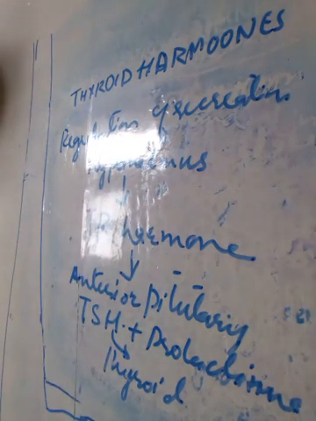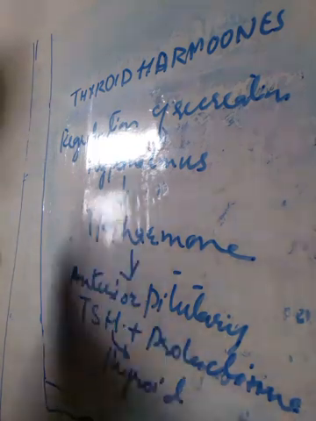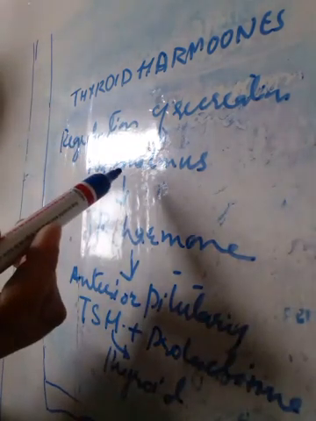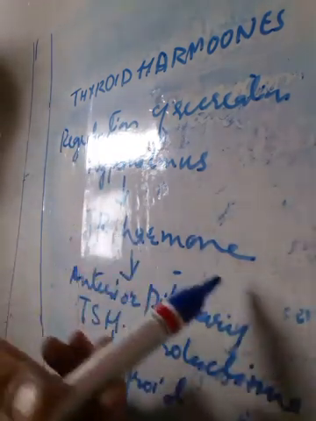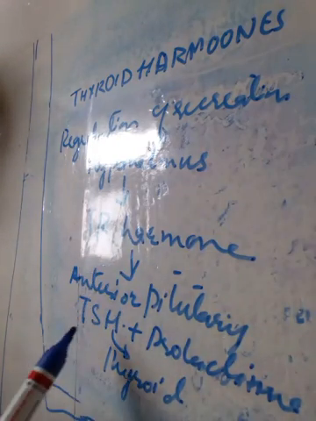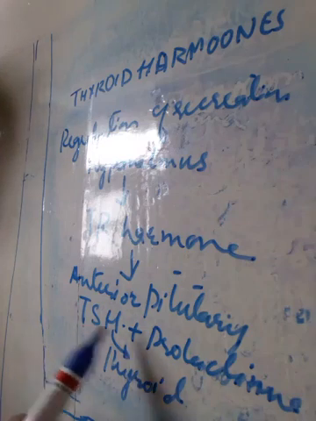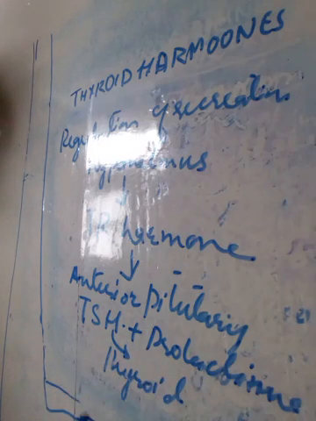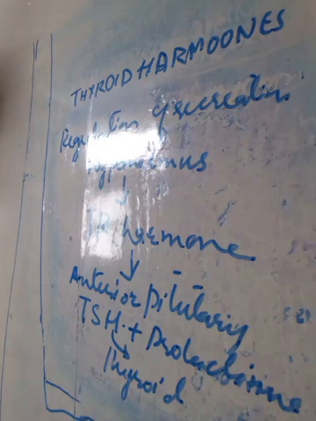This was about the regulation of secretion. Means hypothalamus secretes thyrotrophin releasing hormone, which in turn stimulates the anterior pituitary to secrete thyroid stimulating hormone and prolactin. This thyroid stimulating hormone stimulates the thyroid to release thyroxine and triiodothyronine.